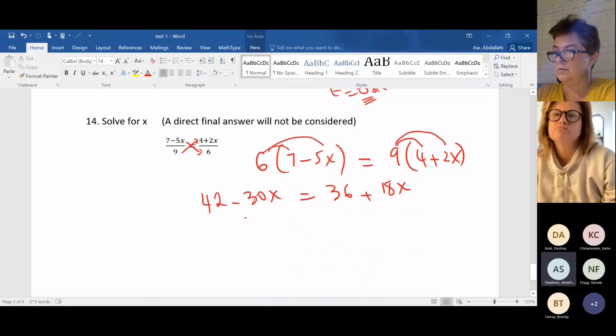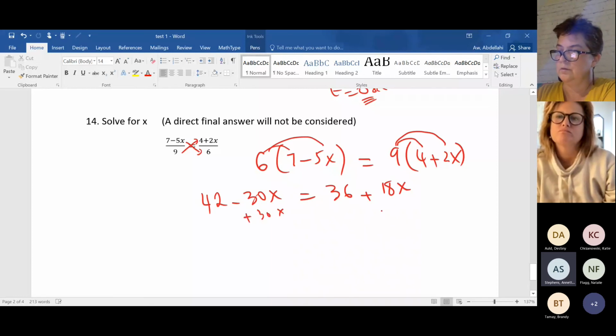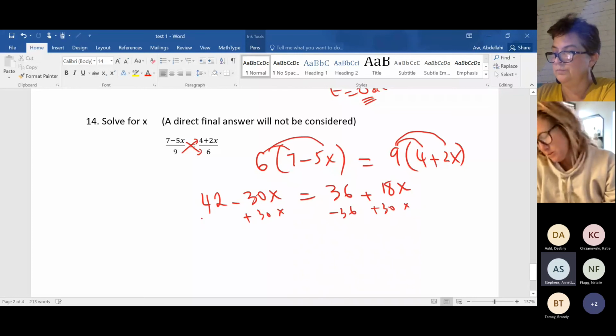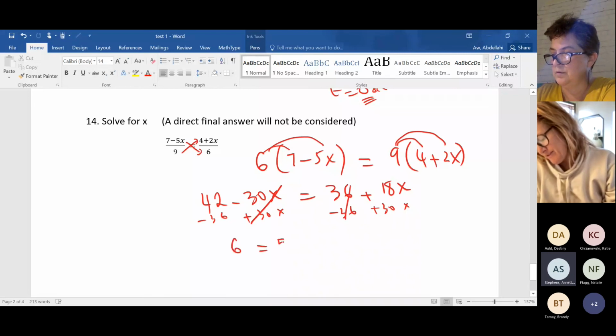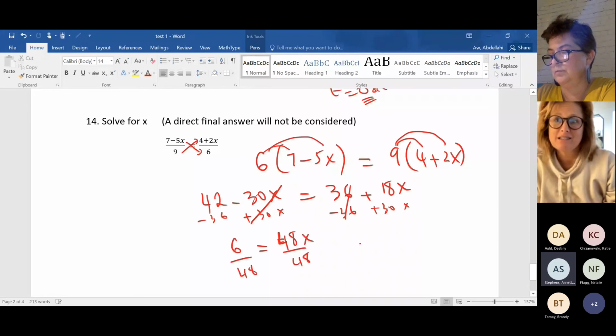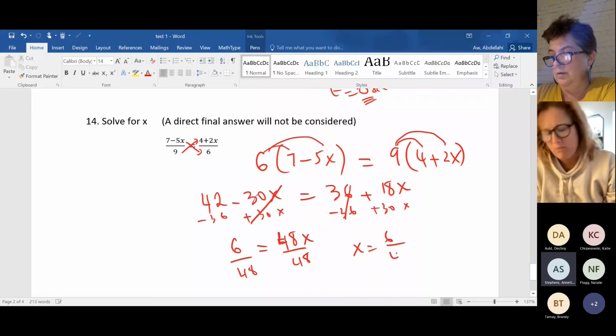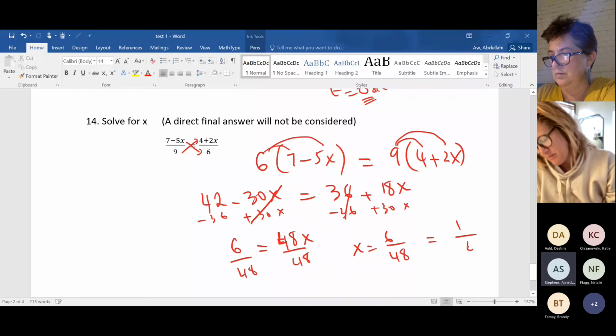Why not add 30x here, add 30x here? And then subtract 36, subtract 36. So we get 6 equal to 48x. We divide by 48, so we get x equal to 6 over 48, which we can reduce by 6, 1 over 8, right?